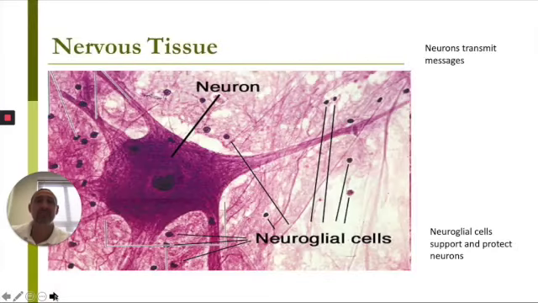If we look at nervous tissue then, we'll notice that neurons, which are nerve cells, and neuroglial cells, which are support cells, they have different jobs, and they're built differently. So a neuron has this long axon because it transmits information, whereas the glial cells are supportive cells. They help maintain that neuron, help protect it and support it.